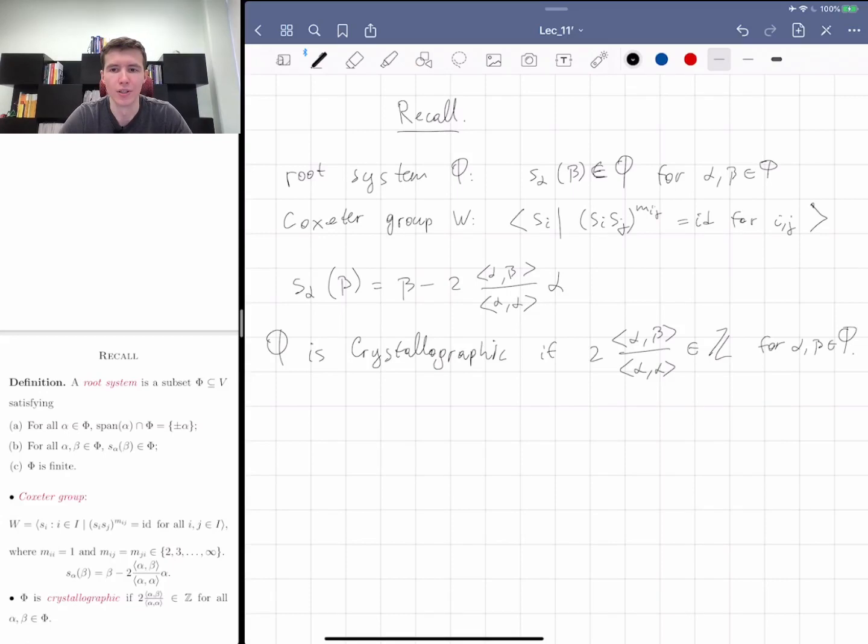In this lecture I want to study these crystallographic root systems. In general, previously we studied arbitrary root systems, but now I'm going to focus on the crystallographic ones.